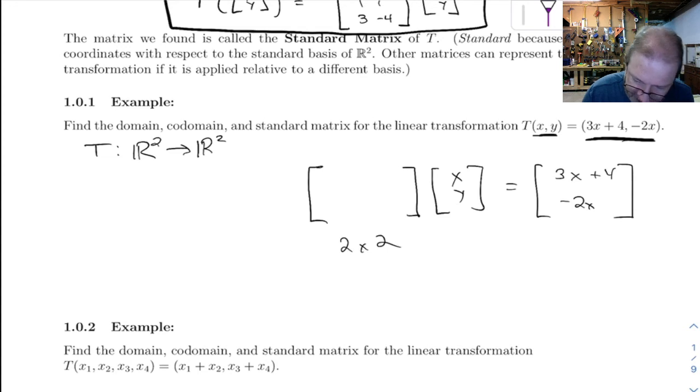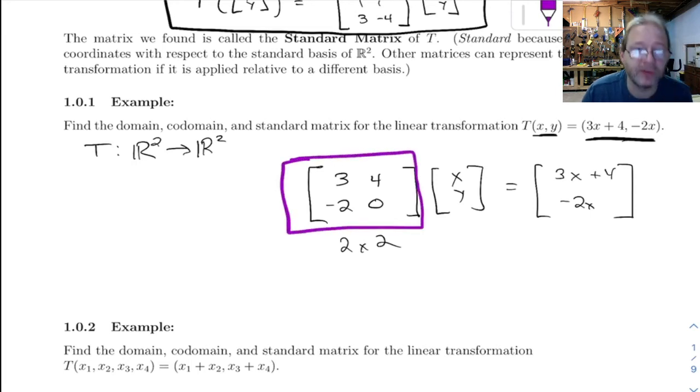And it's just the coefficients from over here. So the top row is going to be 3, 4. And the bottom row is going to be minus 2, 0. And this problem just said to find the standard matrix, so I'm going to circle that, and that's our answer.